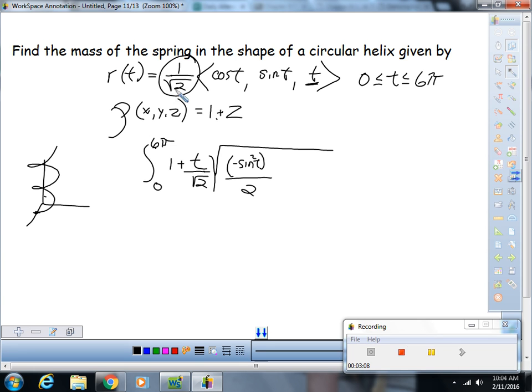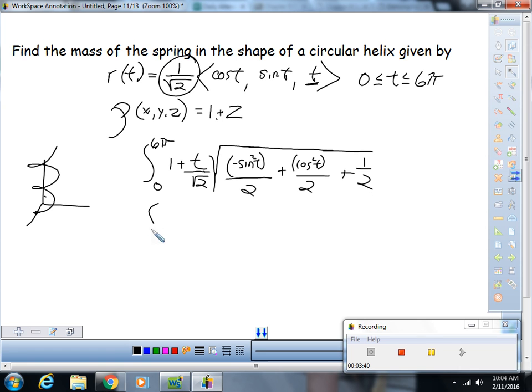And that is, let's see, dx dt squared, or x prime of t squared, okay? Plus what? Cosine squared t over 2 plus 1/2, right?